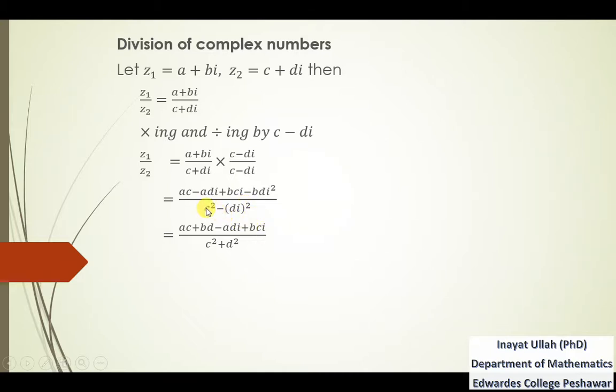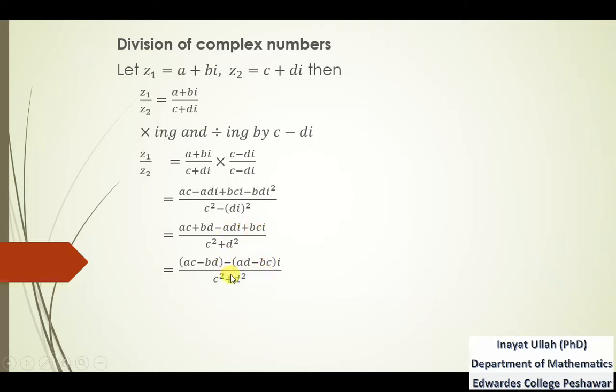Divided by c square. Iota square is minus 1. Minus 1 into minus is plus d square. Now from here, taking minus iota common from these two, we will be left with ad minus bc.